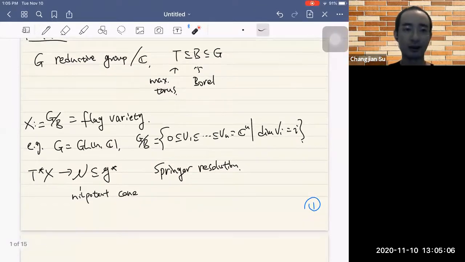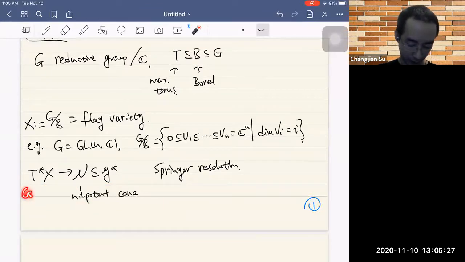One of the good properties of this flag variety is the following. If you consider the cotangent bundle of it, then this will be a resolution of some singular variety. The singular variety is just the nilpotent cone inside the dual of the Lie algebra, and this map is just the moment map.